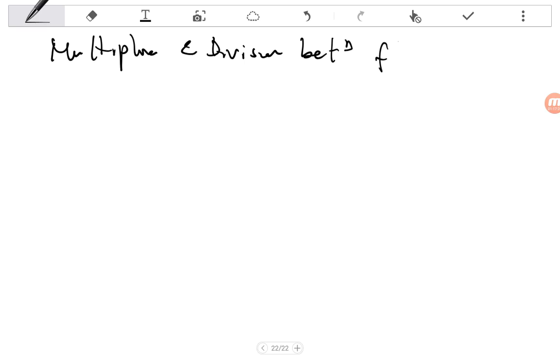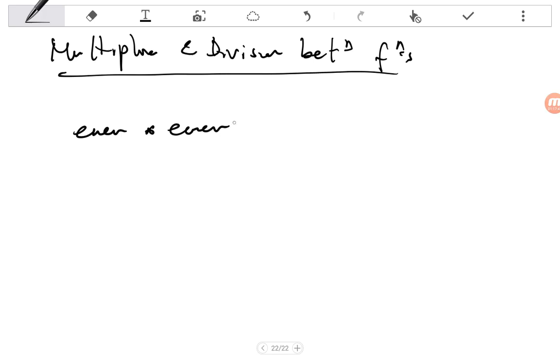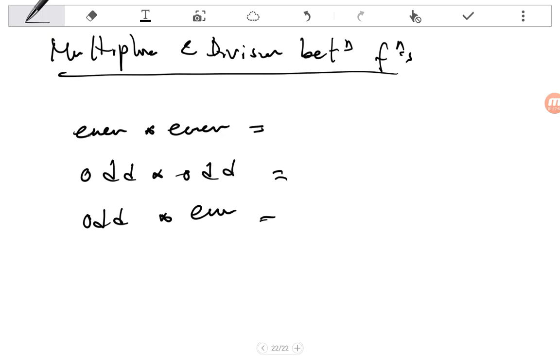What about multiplication and division between functions? We learned that even times even is even, odd times odd is even, and odd times even is odd.